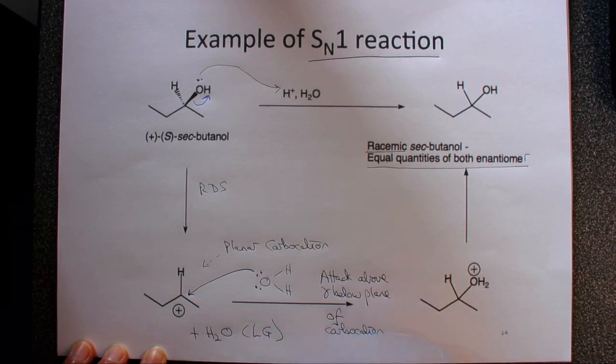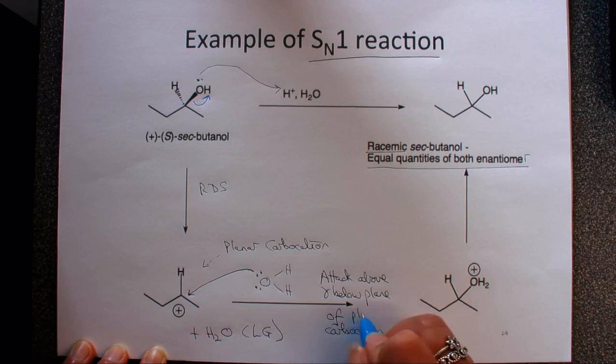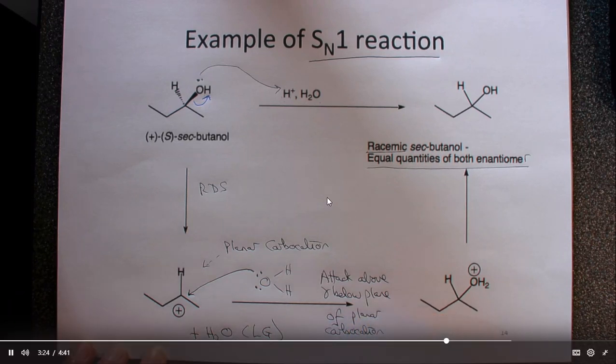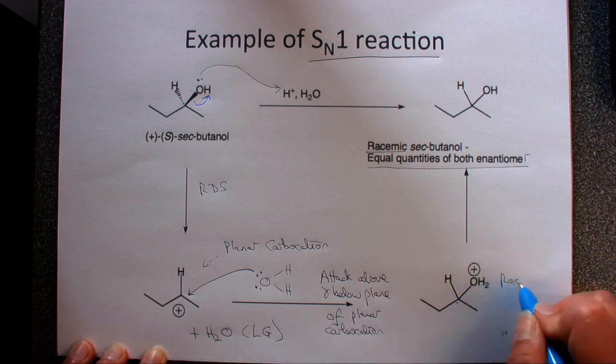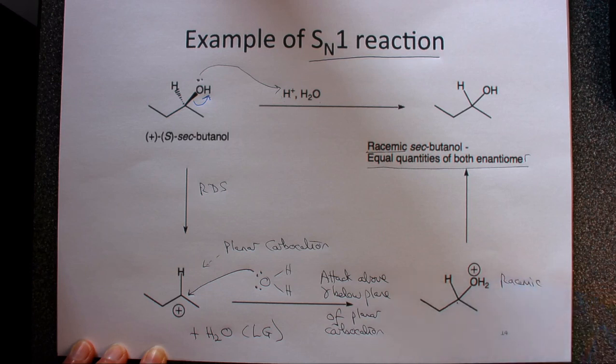But let's just be clear, it's planar, so that's a flat carbocation. When it attacks here, we're getting a racemic mixture at this point. So this here is going to be racemic. It's going to attack above and below, so that's why we haven't shown the stereochemistry here, because we've got equal amounts of the up and the down.